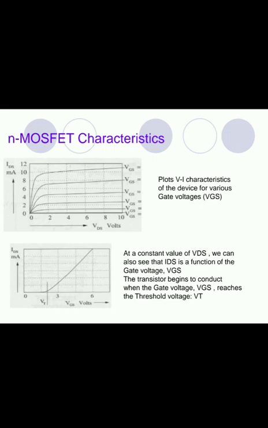The transistor begins to conduct when gate voltage VGS reaches the threshold voltage. Like the VI characteristics of a diode, you will get the same diagram, because the drain current increases after the threshold voltage and depends only on VGS, not on VDS.